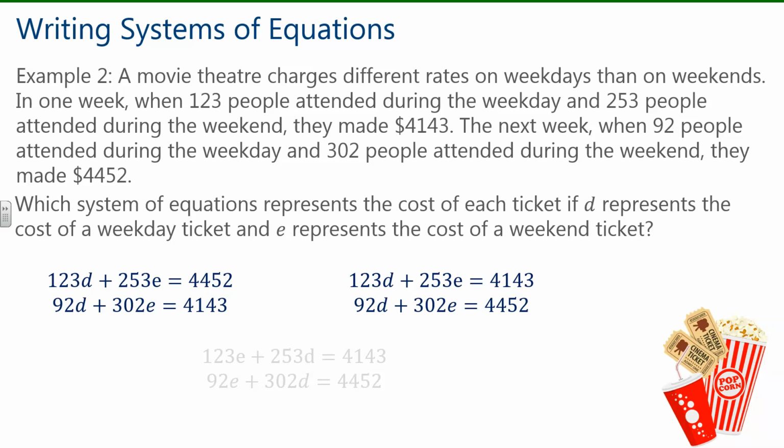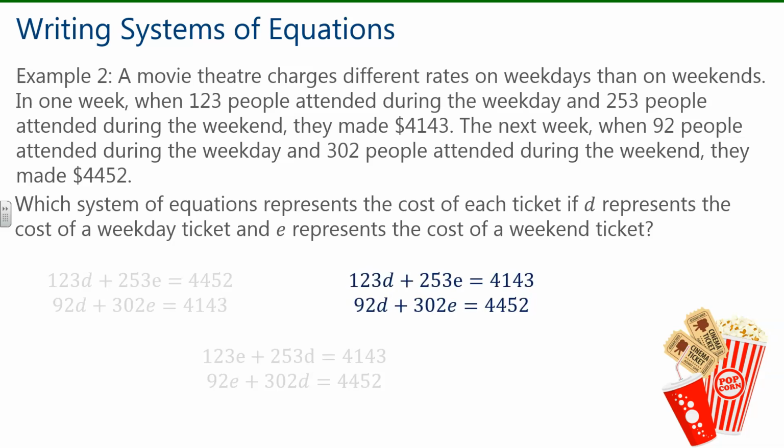Now looking at the 2 equations remaining, they both have 253E, but then they equal different amounts. Now I know in week 1 they made $4,143. It was week 2 where they made $4,452. So we can eliminate the first equation, leaving us with this one here.